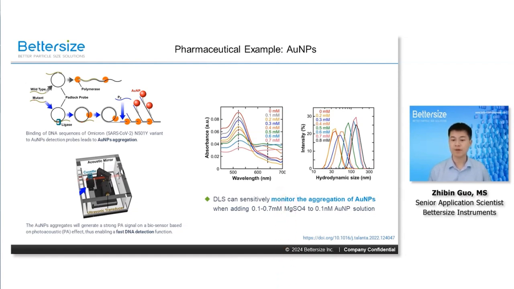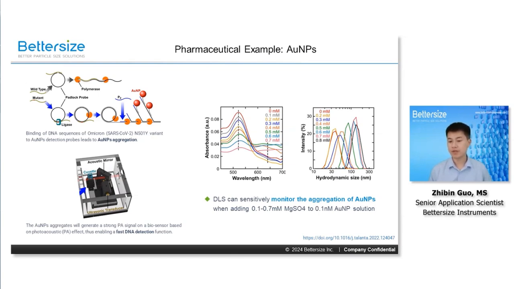The results showed a decrease in absorption at 521 nanometers and a shift towards higher absorption at longer wavelengths as the magnesium sulfate concentration increased from 0.1 millimolar to 0.7 millimolar.